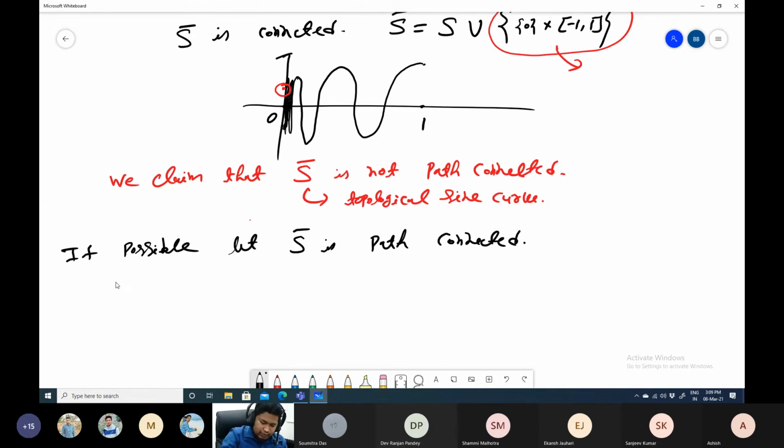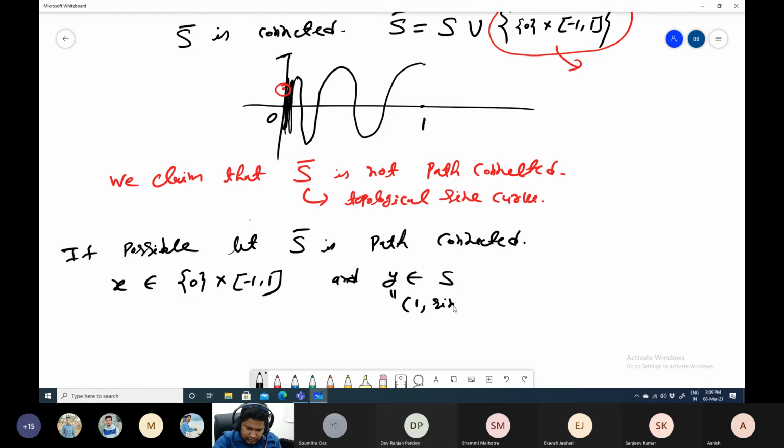So we take x belonging to that vertical line, and take y belonging to S. Better, you can take the end point, meaning you can take 1 sine 1.